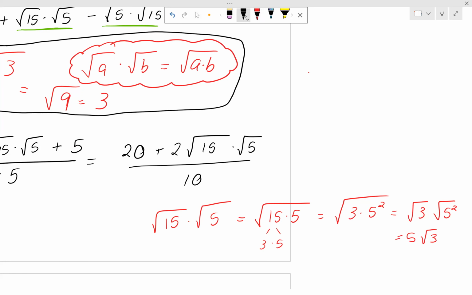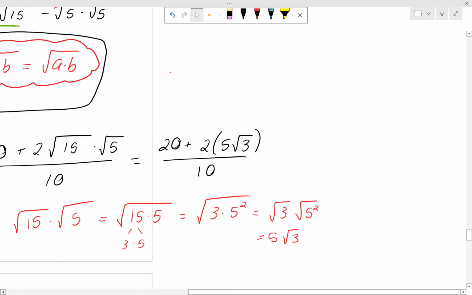So using that, I can simplify this a little bit more, and I'm going to get 20 plus 2 times 5 on the square root of 3 over 10. Alrighty. 2 times 5 is 10, so that gives me 20 plus 10 on the square root of 3 over 10.